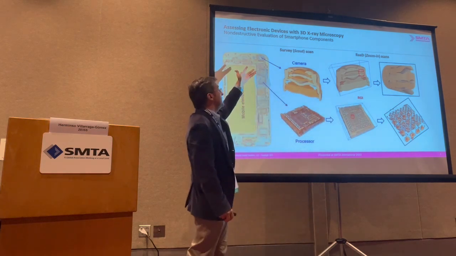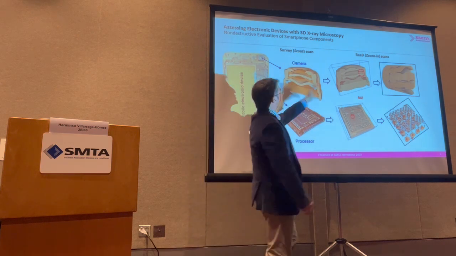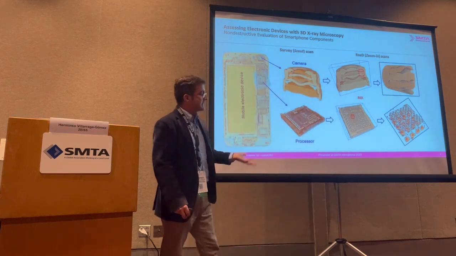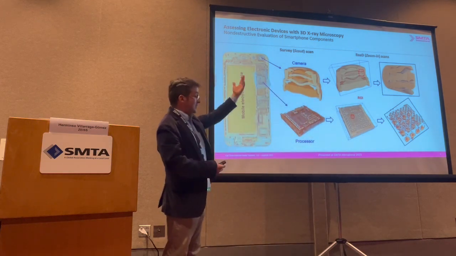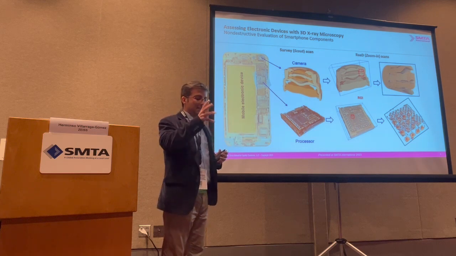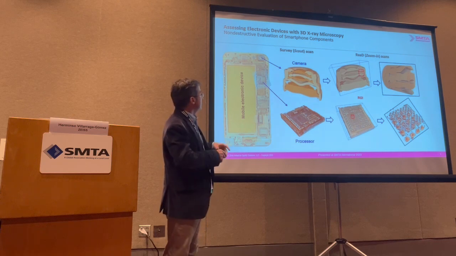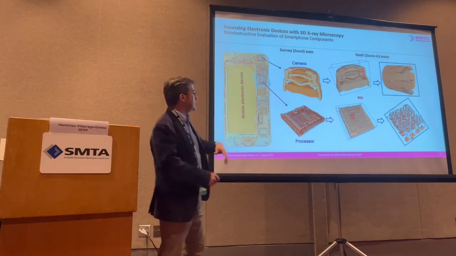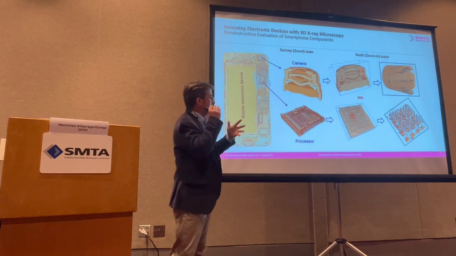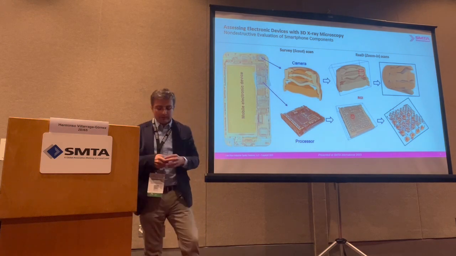So you basically do a scan and then a zoom in with something that we call resolution at a distance, or RAD, which basically means you can access the high resolution in different fields of view without destroying the sample. So it's independent of the size of the sample. You don't have to slice it, and you still get access to a smaller field of view at a higher resolution.